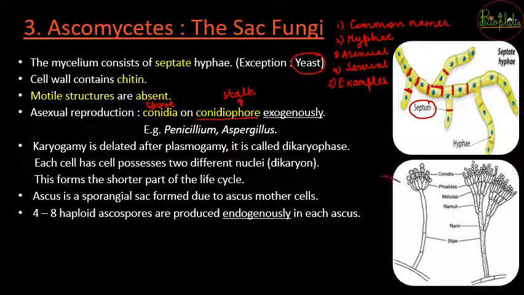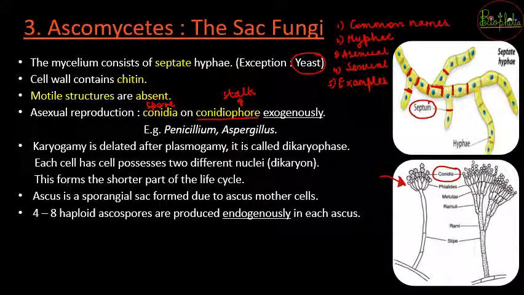In this diagram you can locate the various types, and you can locate conidia as well. Wherever conidia grow on that stalk, that is the conidiospore. One thing you need to remember is that conidia grow openly, not inside any pouch-like structure, so they grow exogenously.